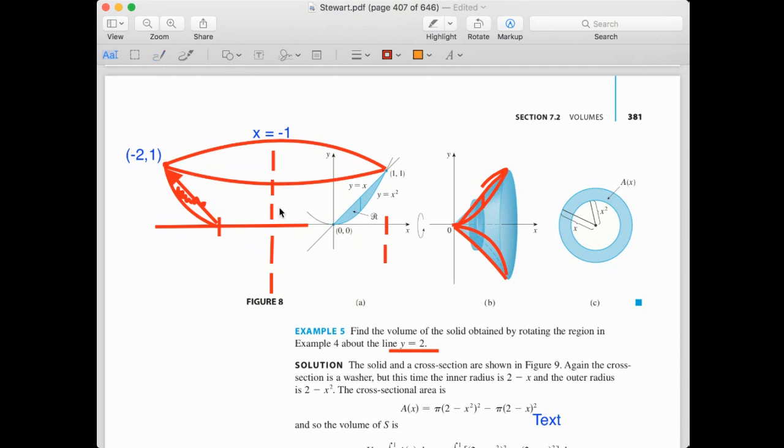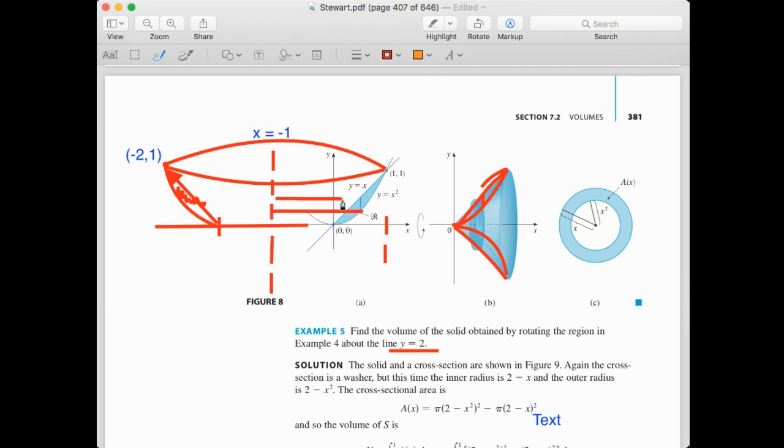So we need to figure out the R. The big R is from x equals -1 up to the outside, up to this y equals x squared curve. So this is a big R. And what's a small r?